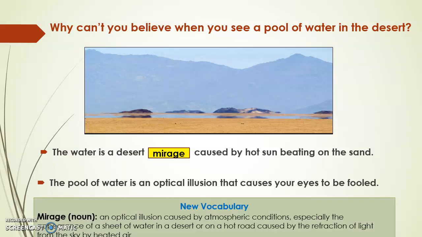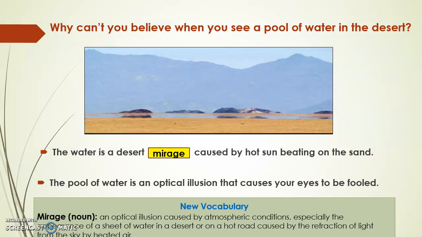What is a mirage? A mirage is an optical illusion caused by atmospheric conditions, especially the appearance of a sheet of water in a desert or on a hot road caused by the refraction of light from the sky by heated air. So, the mirage is an optical illusion.